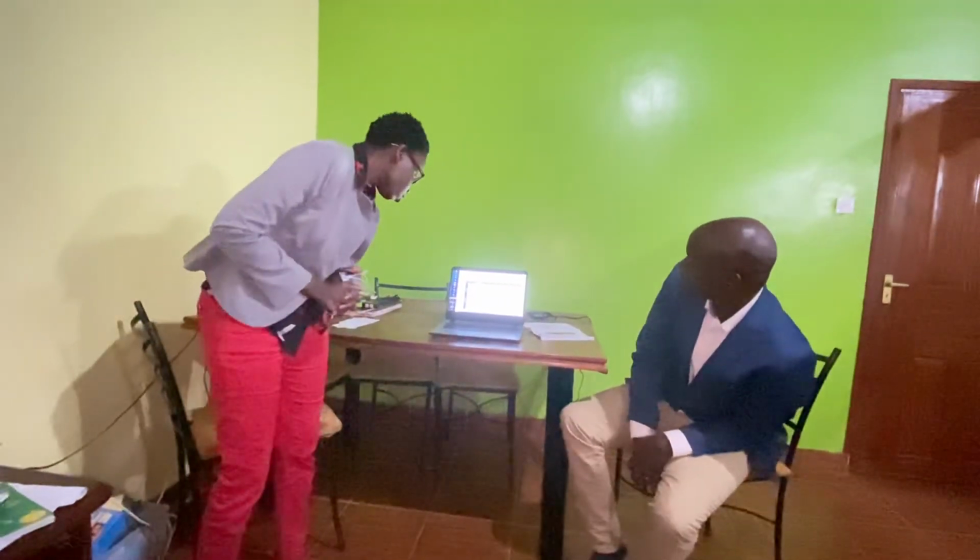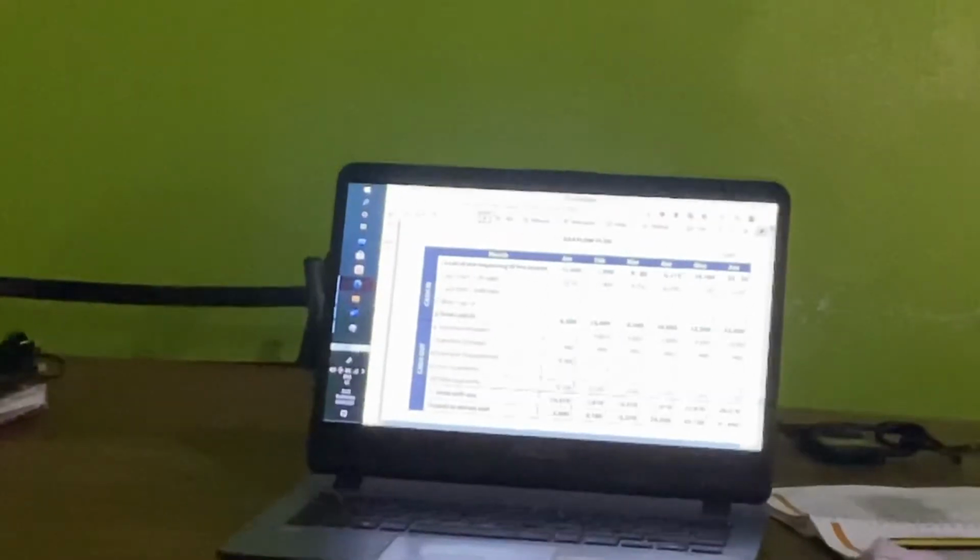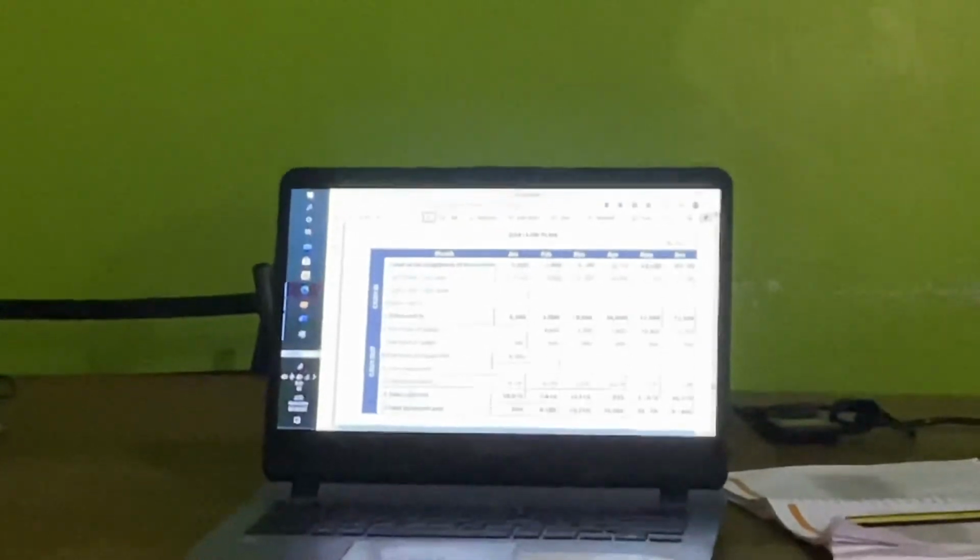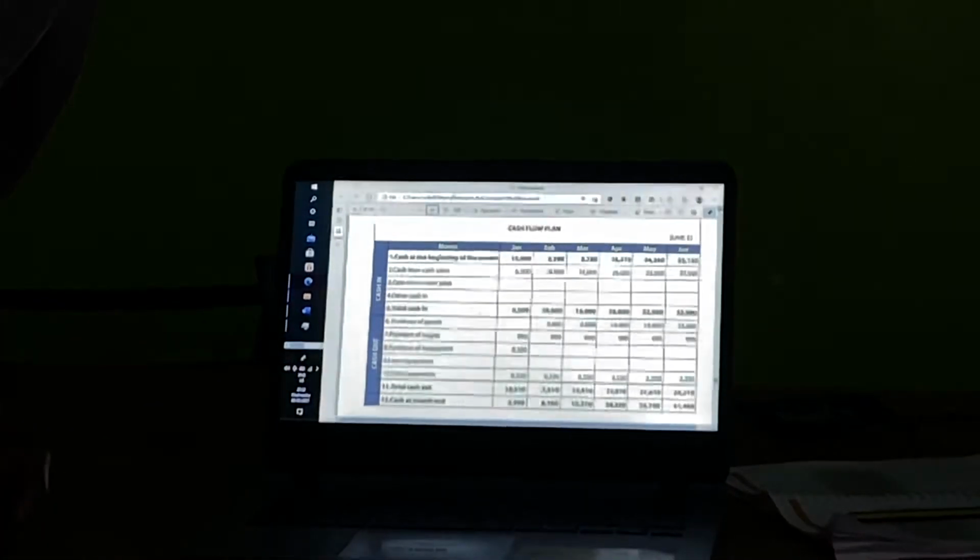So when you analyze Jane's cash flow plan, when she wants to plan, what do you think she needs to put a lot of processing and thought about? It seems that in the month of May and June is when there's a lot of activity in her business, and so she'll need more money to make more purchases of the goods, so that she can make enough bags to be sold out.